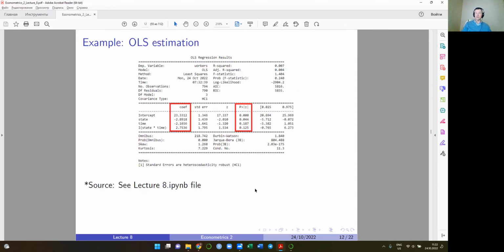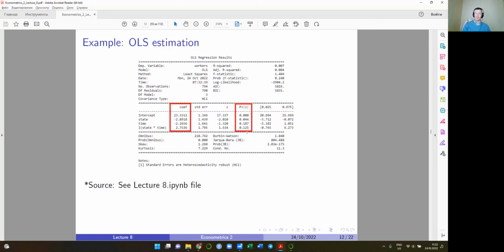I would say, let's estimate this with the help of OLS and see. Here are the OLS estimates of the regression model for difference in differences. And we see that this causal effect estimate is not statistically significant. But don't forget about control variables. We have not included the control variables, though the authors did, of course.